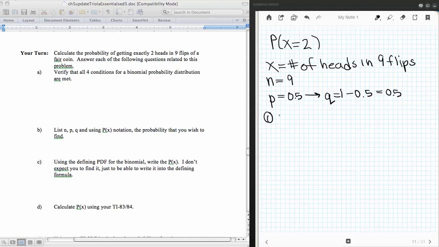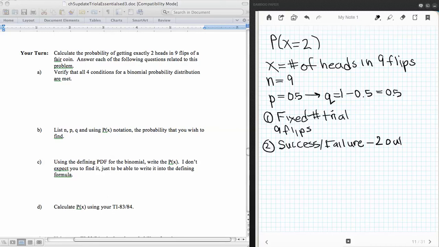Now, the first problem says verify that all 4 conditions are met for a binomial probability distribution function. The first condition is that we have a fixed number of trials. That is met because we have 9 flips of a coin. Condition number 2 is that we have a success versus a failure, meaning there are 2 possible outcomes, which is more commonly how it's put these days.